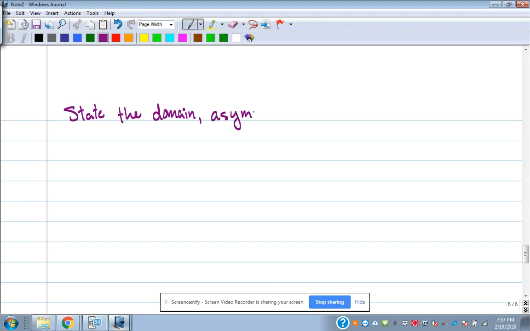Asymptotes. And graph on calculator. All right, so we're going to graph it on the calculator as well.